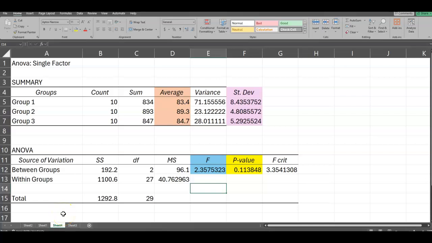Alright, so once you've run it in your calculator, you can confirm those values up here with mine, okay?